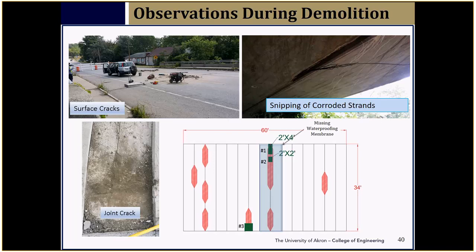But on the other hand, we can also do something else. That is not in the scope of this project, but let's say the joints actually leak and they can cause corrosion problems. So the box beams themselves can be made more corrosion resistant. Why?